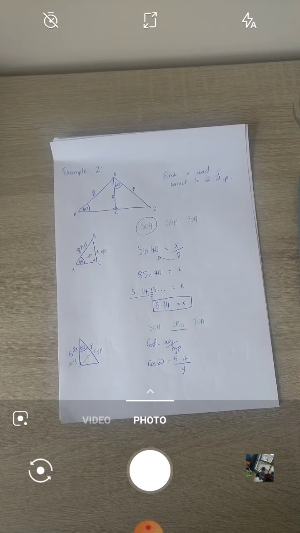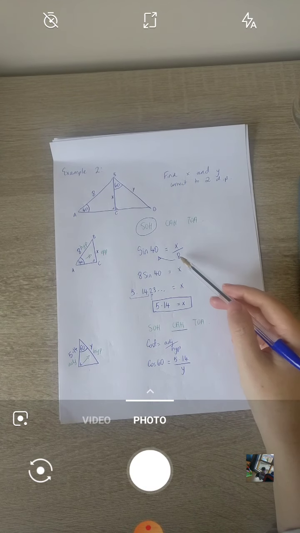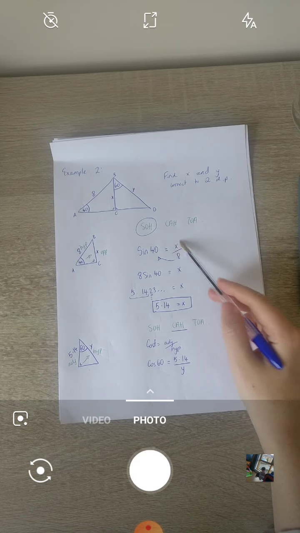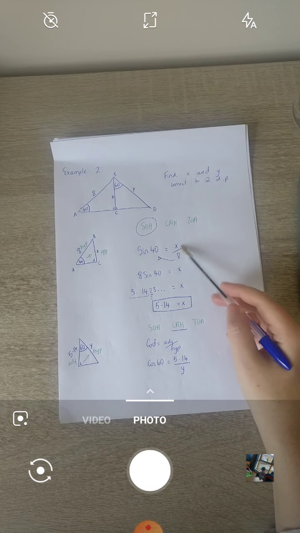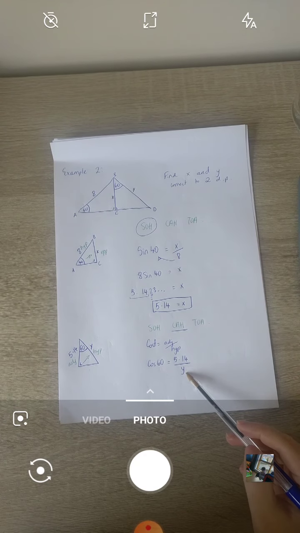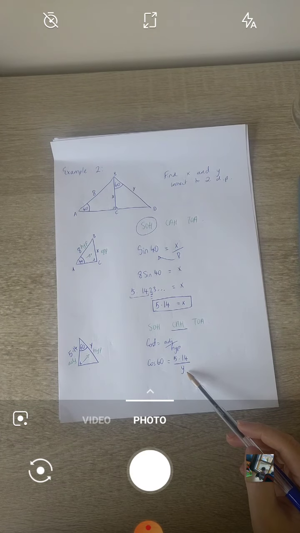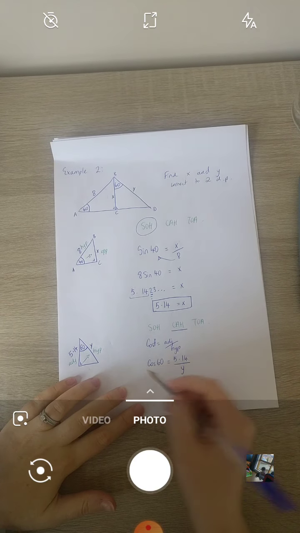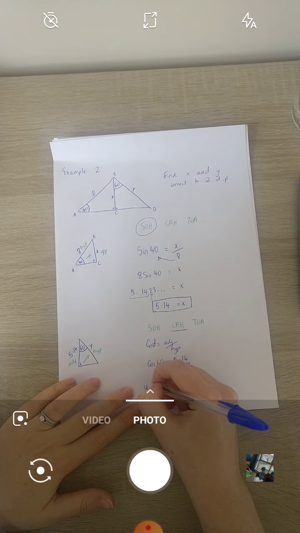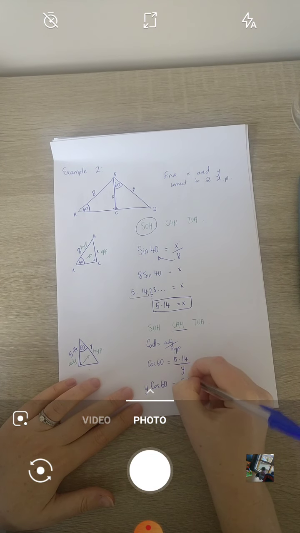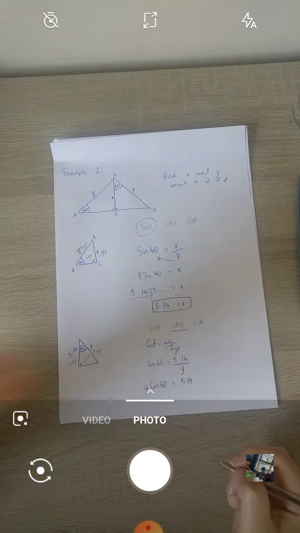Now, this is a little bit different to the previous two examples, because if you notice in the last two examples, the variable has been the numerator of the fraction, but now we've the variable as the denominator, so the variable's at the bottom. Now, if you're to think about what we did up here, the y would move over and become multiplication, so it's y cos of 60 equals 5.14.